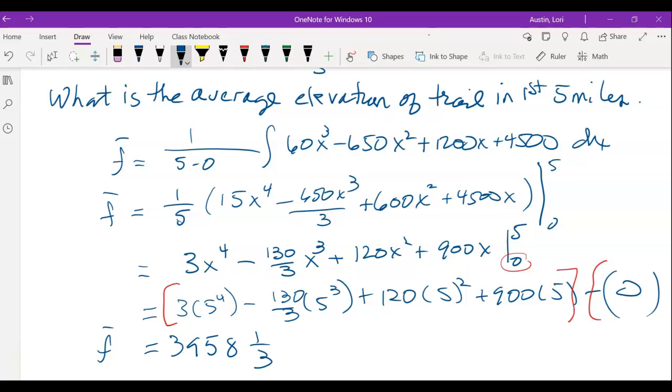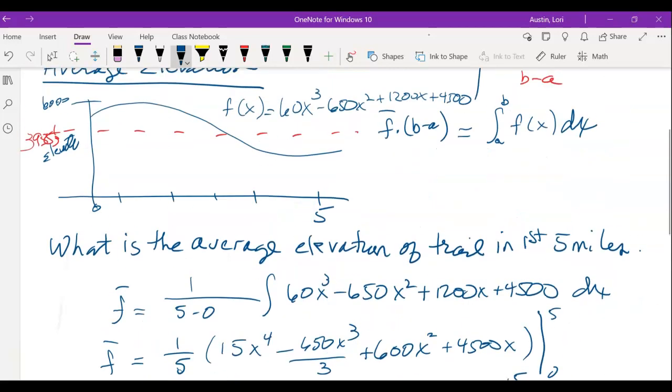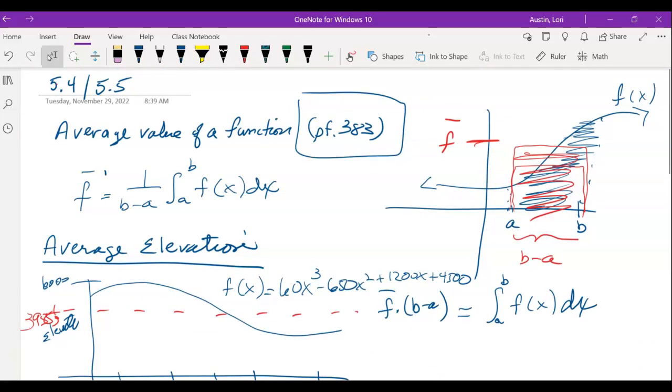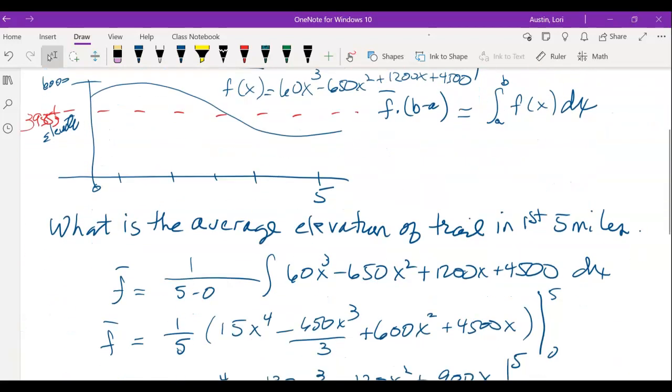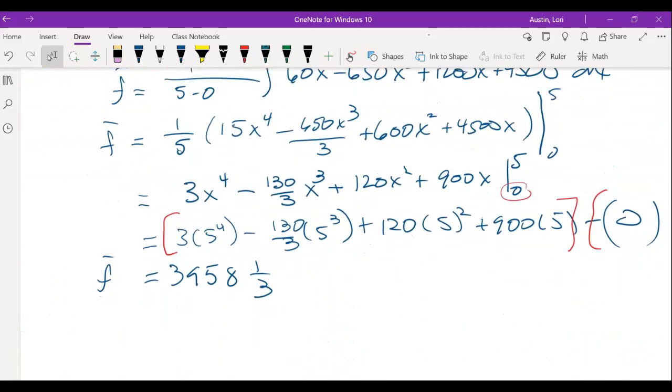The average function then leads us... I'm not going to do another example, it's a minor thing, I'll give you one on the test, just average function. What you're doing is taking your integral and dividing by b minus a, whatever b minus a is. In this case, it's 5. Okay, we already did it. We did it right here.